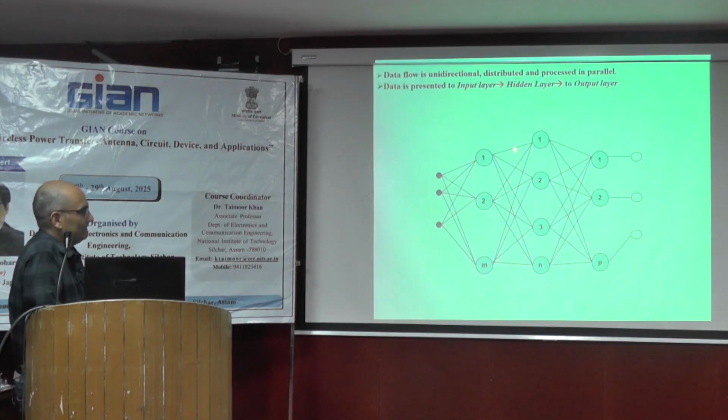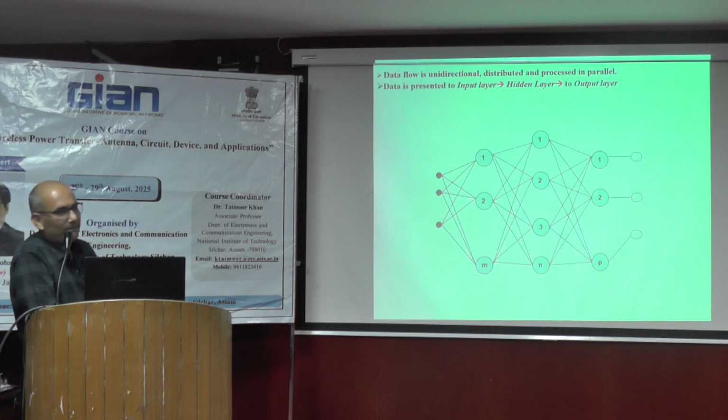Now let us take an example of an arbitrary m-dimensional input, n-dimensional hidden layer, and p neurons in the output layer. That is an arbitrary structure. It may be 2 cross 3 cross 5, something like that. Then the data flow is unidirectional, distributed and processed in parallel. Unidirectional means data will be processed from left to right.